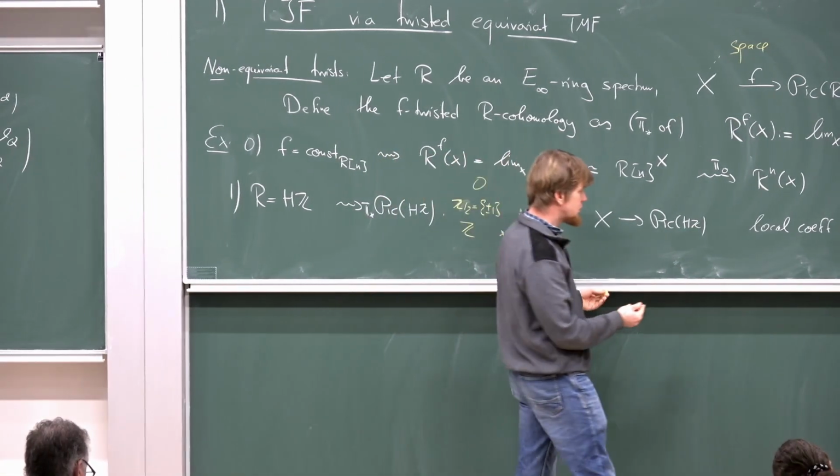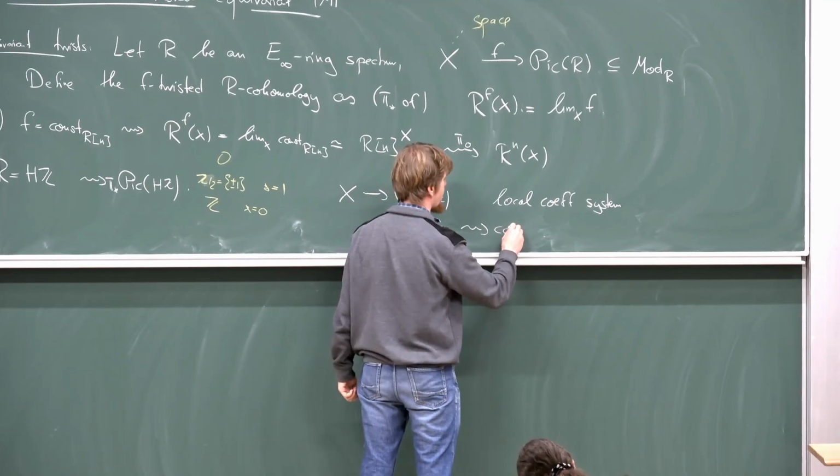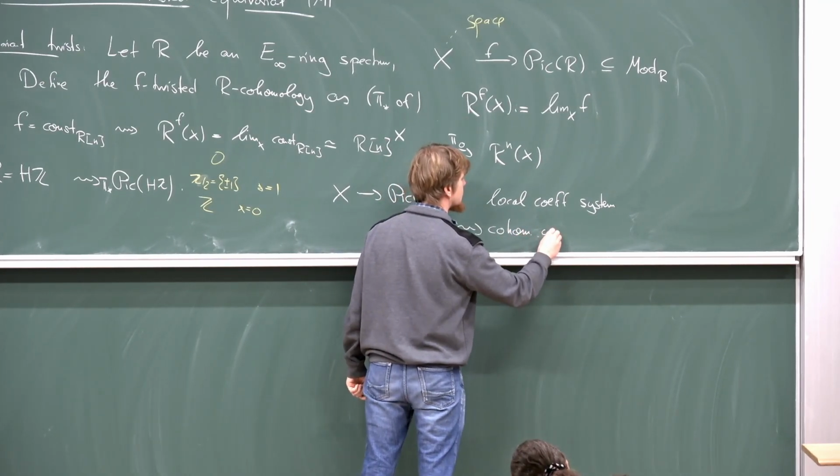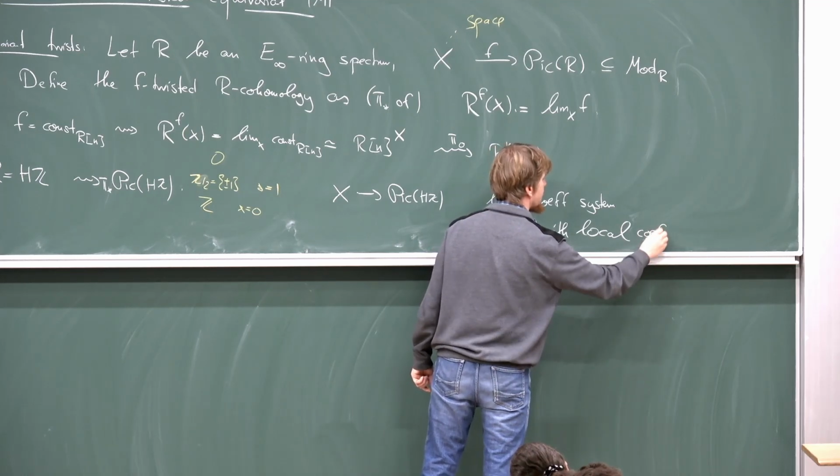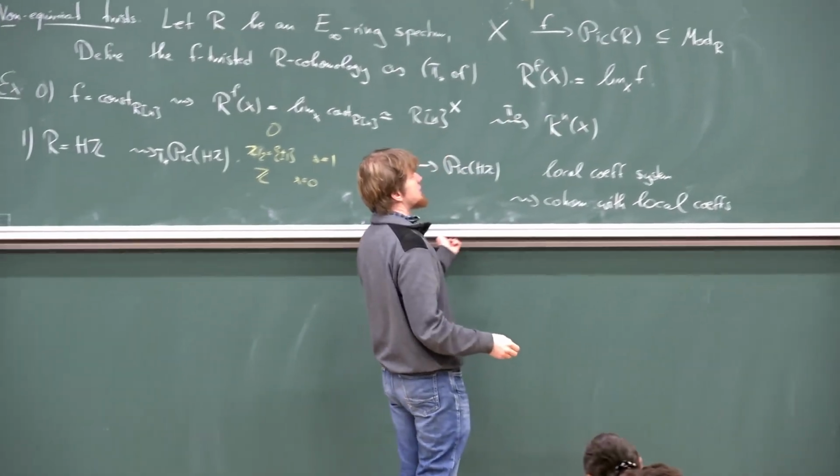And then you get a cohomology with local coefficients, which, for example, figures in the Serre spectral sequence.